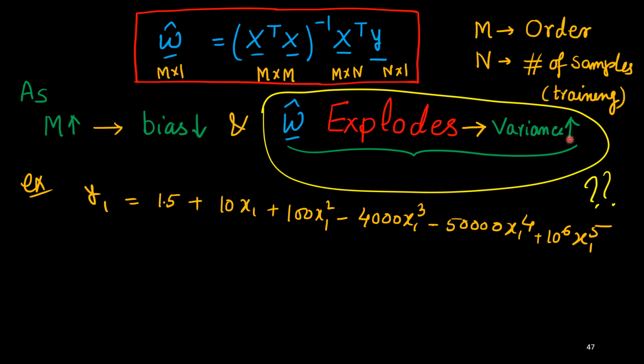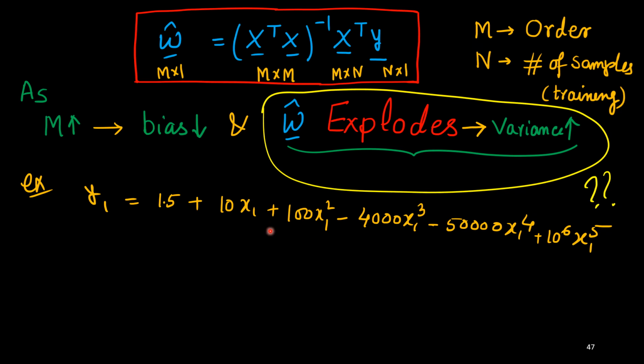Why? Now consider one example. Suppose I have one data point, x1 and y1, where the independent variable is x1 and the dependent is y1, and suppose it is perfectly fit, meaning there is no error at all.